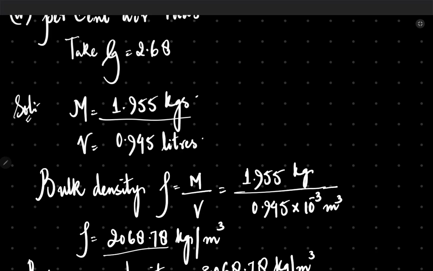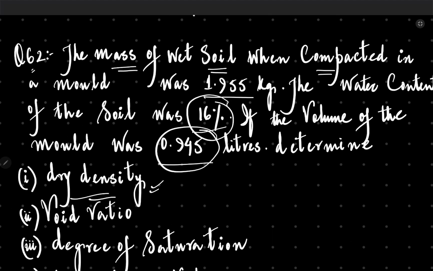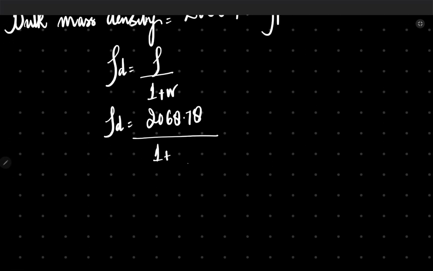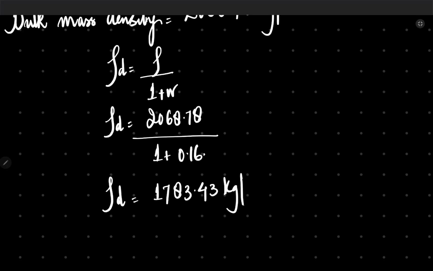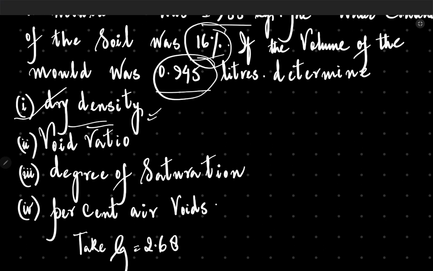The water content of the soil was 16%, so here it is 0.16. Upon calculations, dry density is equal to 1783.43 kg per cubic meter. So the first part is complete. We have found dry density, which is equal to 1783.43 kgs per cubic meter.